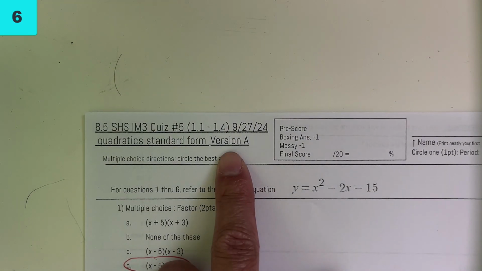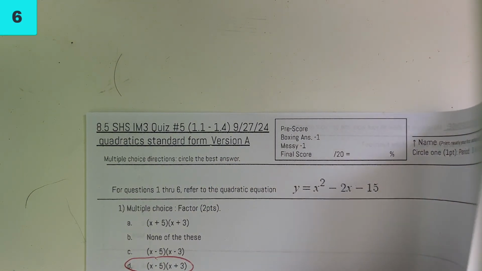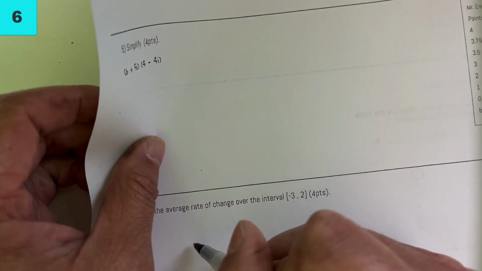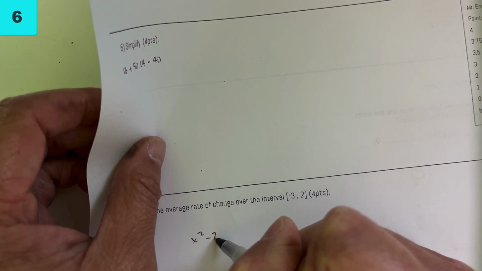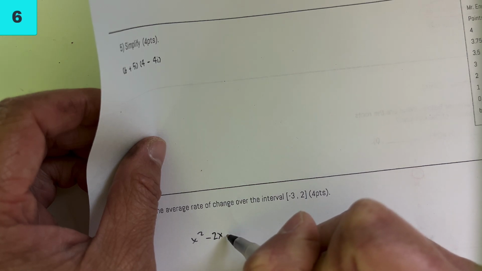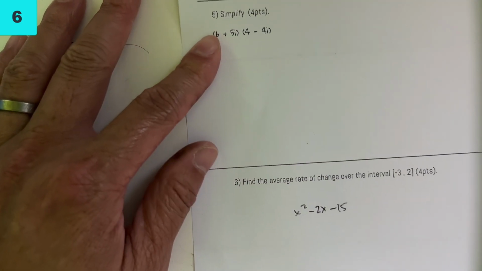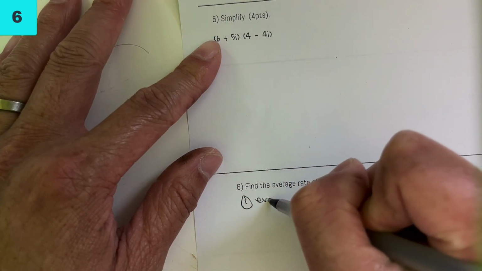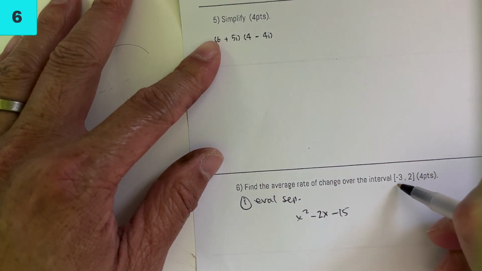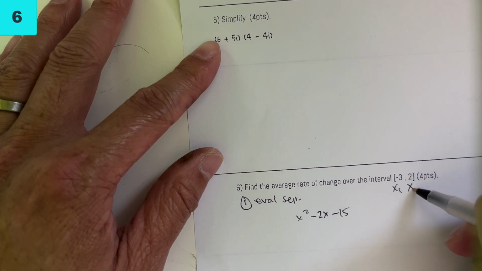44 minus 4i. Okay, in version A, I'm going to use y equals x squared minus 2x minus 15. And I'm going to do the evals separately. So x1, x2.